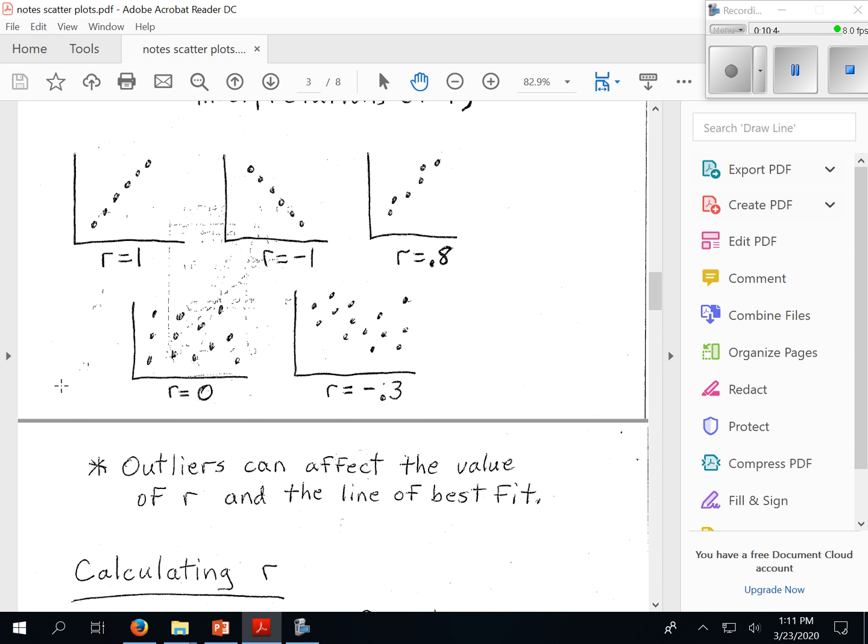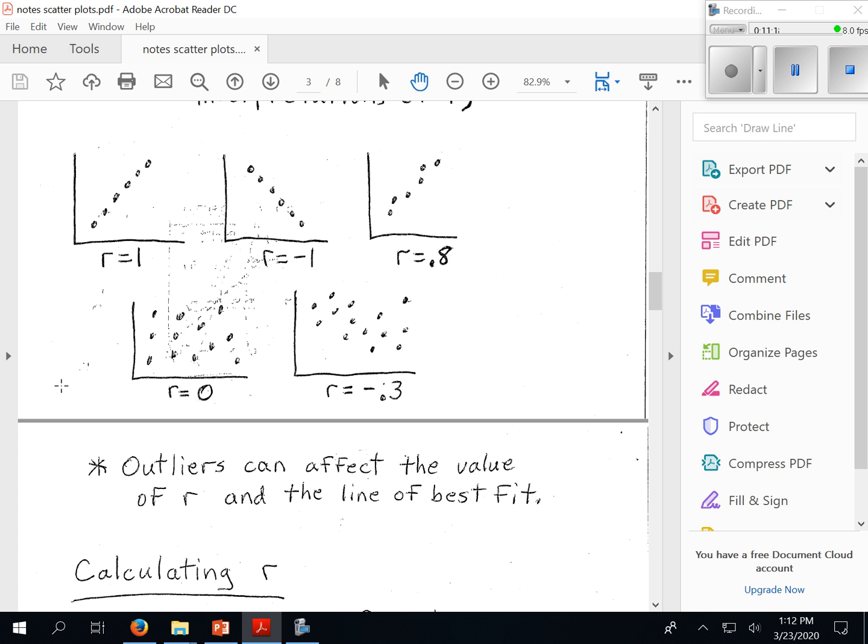And again, we'll have rules for all that when we talk more about R, but I just want you to see that if you have R equals 1, then it's a perfect positive correlation. If R equals negative 1, then it's a perfect negative correlation. So sometimes if it's a perfect correlation, then that means it's going to be just a perfect line, and our line of fit is going to just be one exact line, and we can predict everything exactly.